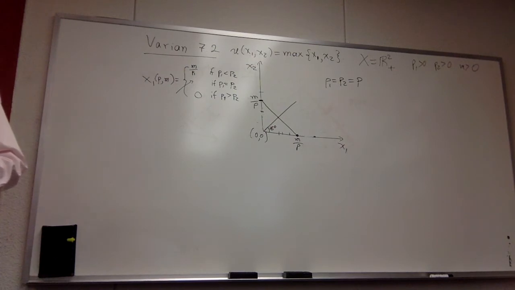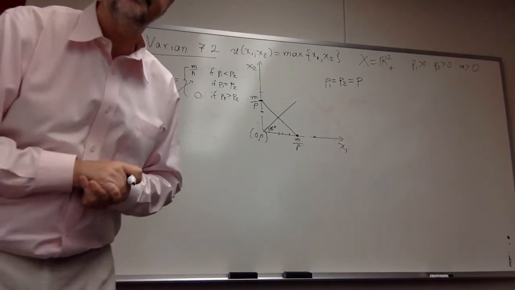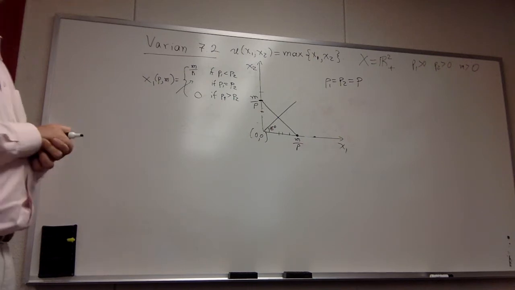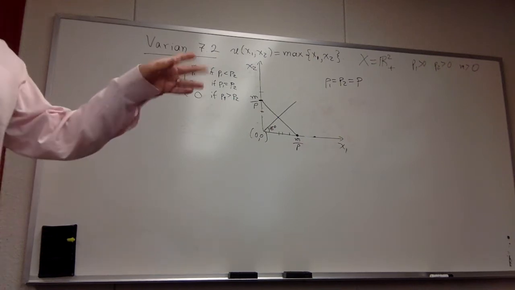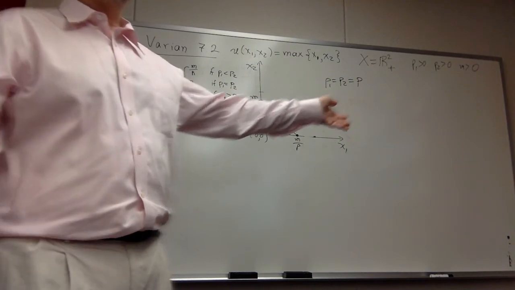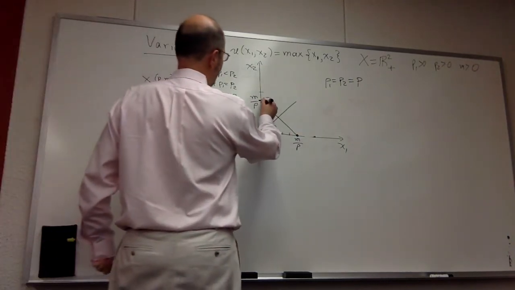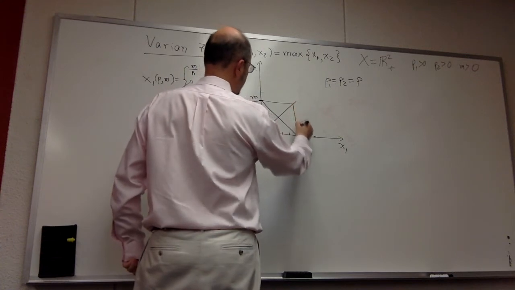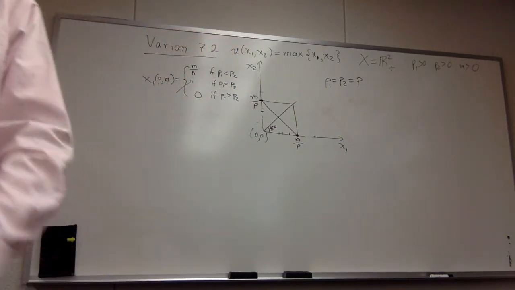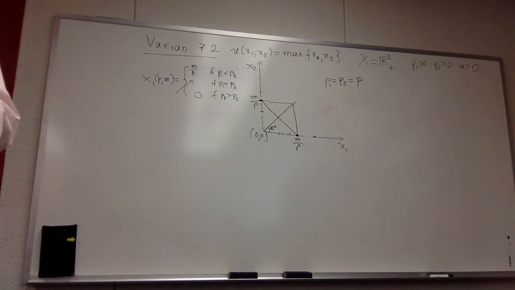Okay? All right, so we did that. Let's find, I mean, we know to look now for the corners of the budget set, right? But it so happens now that there is one indifference curve that goes through both of them.